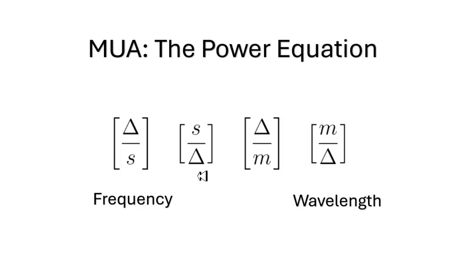And of course, the units of the wave period are seconds per cycle, and the units of the wave number are the inverse of the wavelength, which is cycles per meter. So this is not that much different than standard unit analysis. The only thing I'm doing differently is I am implementing a symbol for the cycle term, and I am specifically introducing the cycle term into all of the equations that contain a cycle term.